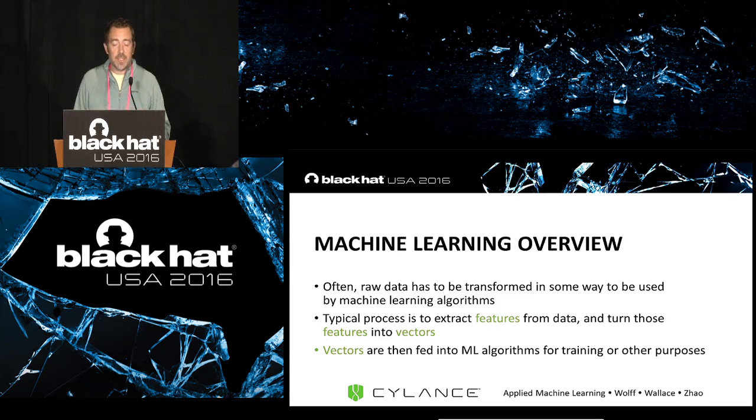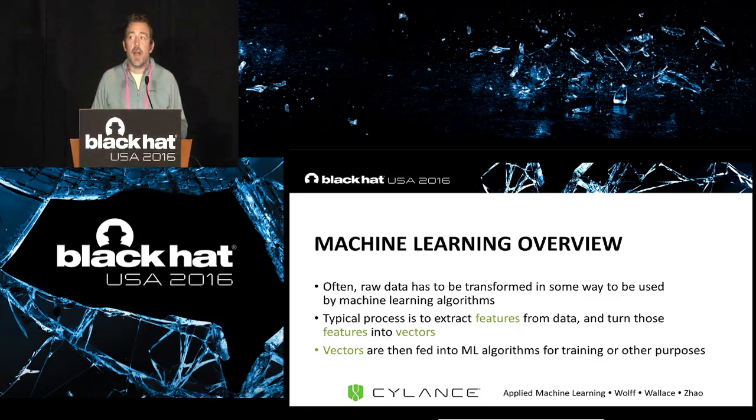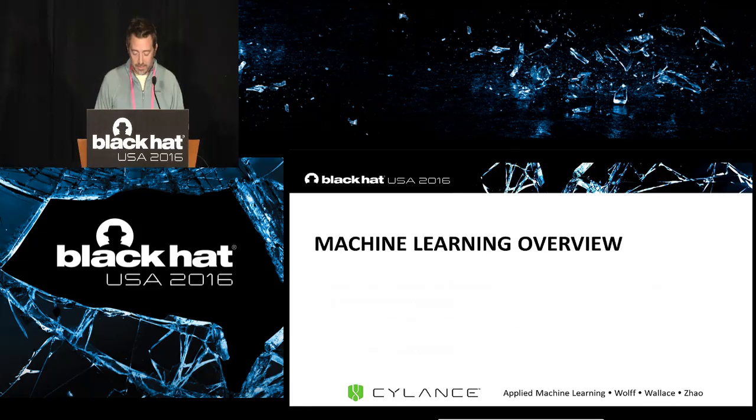You write something to pull those features out, and then you have a process of turning them into vectors. I call it vectorization. There's probably a proper term for that as well. But that basically means you extract some features from whatever data you have, and you turn that into a numerical representation that you'll use. We'll go over some examples of how you do that, and you can reference our released source code that shows you how to turn your raw data into a format you can start using for machine learning.